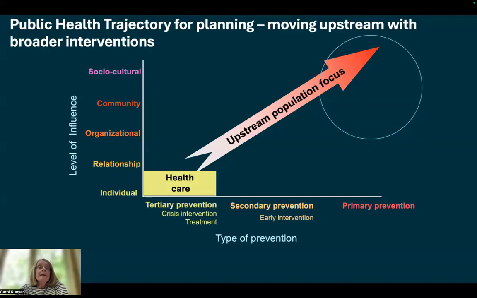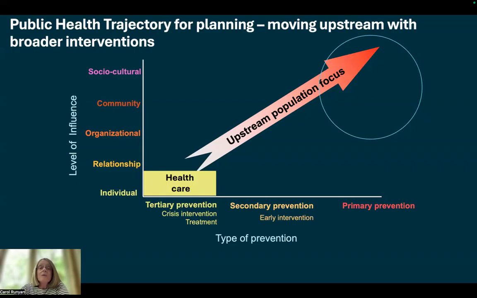And again, in public health, we often think about the social ecologic framework, which is similar to the different layers of the social and physical environment that I just showed you in the classic public health model. But here I have it shown as the individual, relationship, organizational, community, and sociocultural levels that are spelled out in Bronfenbrenner's social ecologic model.